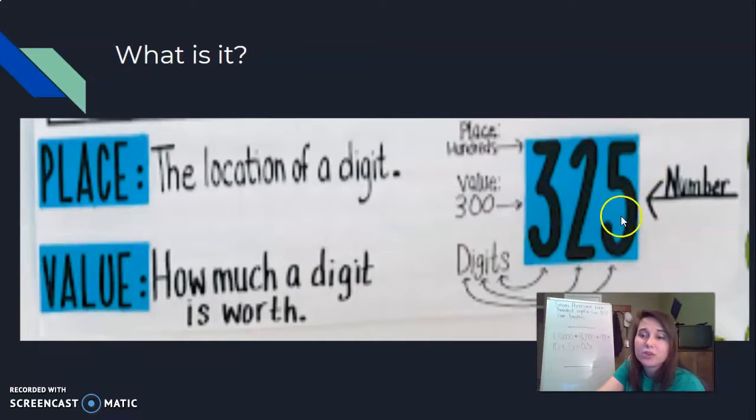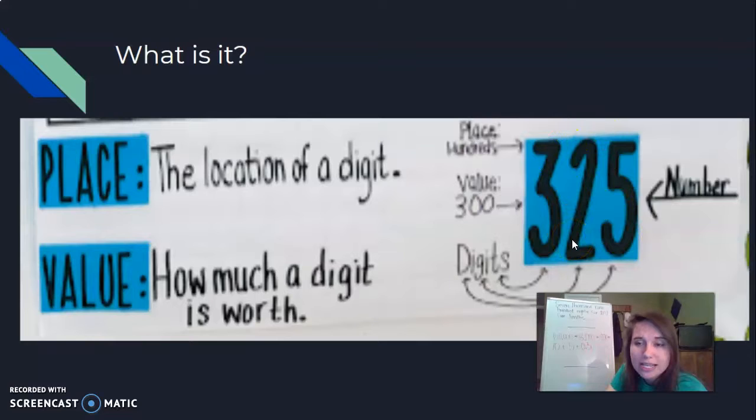So the 5 is in the ones place, and we know that because there's nothing here, which means that there's a pretend decimal. So if I was talking about money, it would be 325 decimal 00, but we'll go on to that later. So here's the 5 in the ones place, which means it has a value of just 5, so like $5. Here we have our 2.